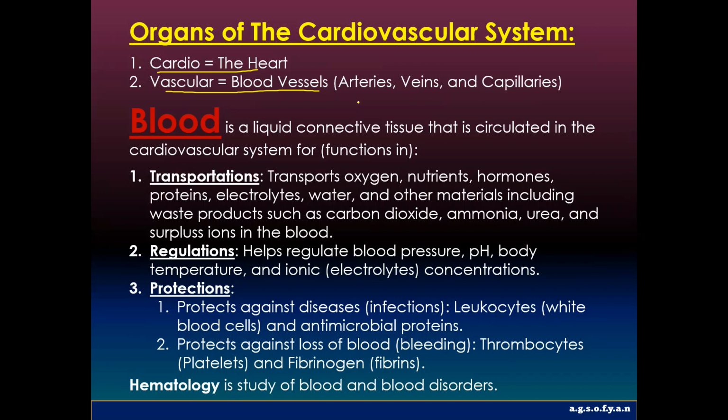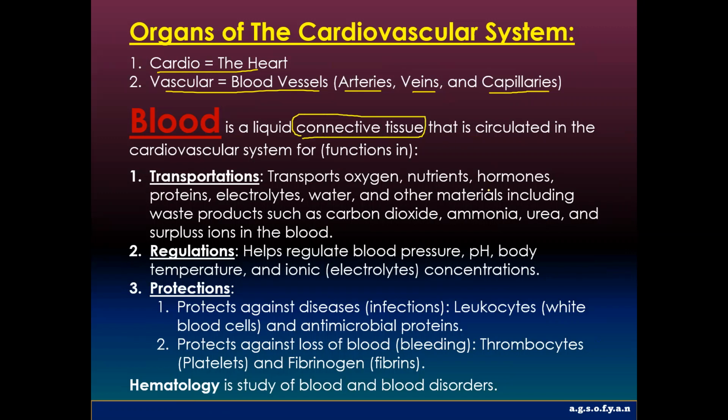So blood vessels can be divided into 2 or 3 types, which are the arteries, veins, and also capillaries. Now, blood is a liquid connective tissue.